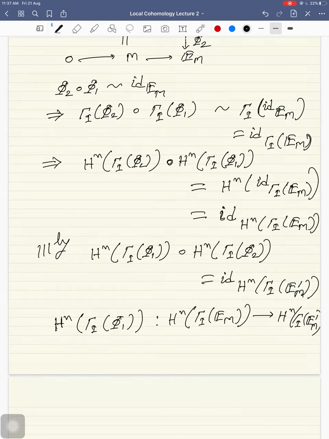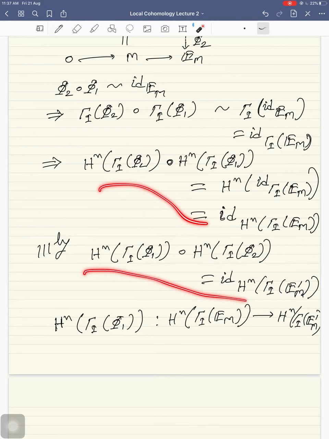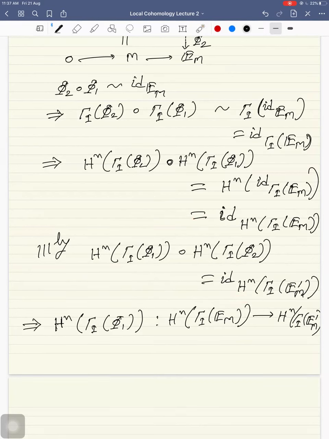So I should write that these two things, this one and this one, give that this is an isomorphism, and this completes the proof, because what is this one?